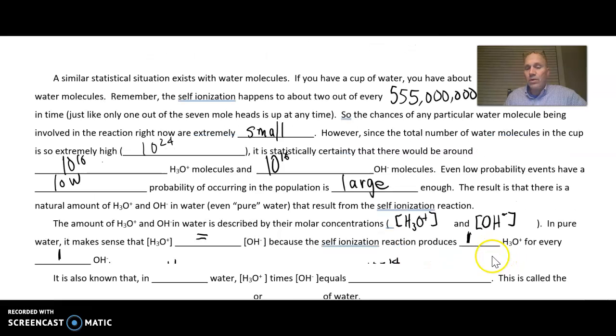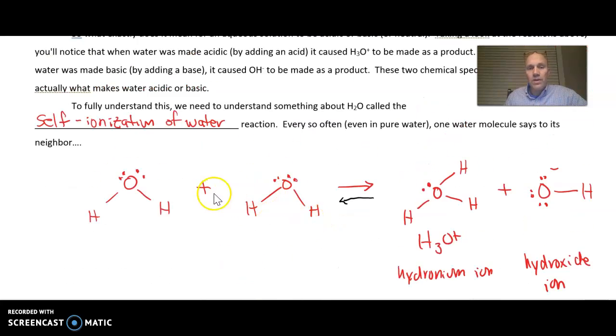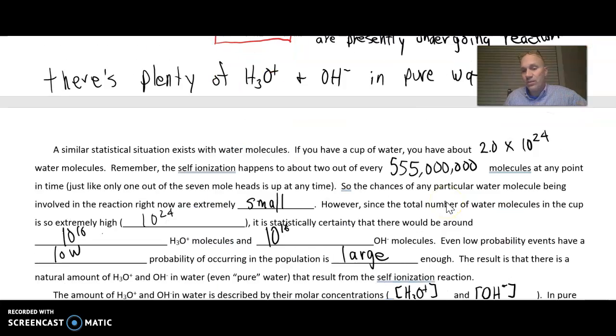If you have pure water, notice in this reaction that we showed before, the same reaction that generates one hydronium ion would produce one hydroxide ion. So in pure water, that's what you're going to have.